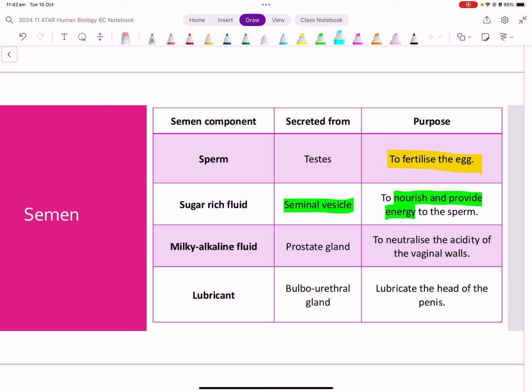In terms of the prostate gland, we mentioned that it releases that alkaline fluid. Now that alkaline fluid is to neutralise the acidity of the vagina. And lastly, we briefly alluded to it, but the bulbourethral gland is there to help to lubricate the head of the penis for sexual intercourse.